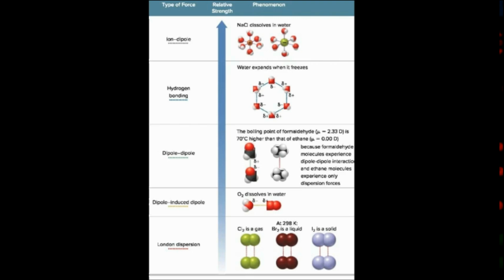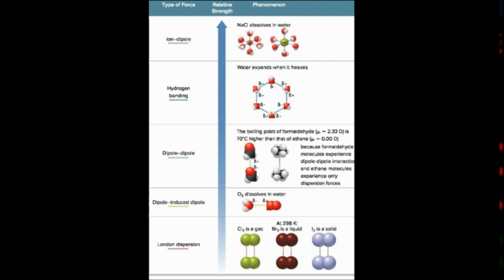This is why the atomic bonding is much stronger than the intermolecular forces. But I just want to say, hydrogen bonding is very, very strong. It's actually 10% of the strength of the atomic bonding, right?